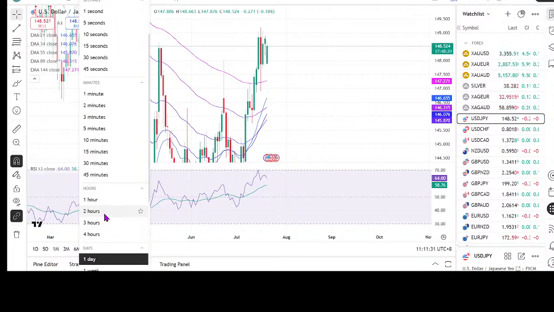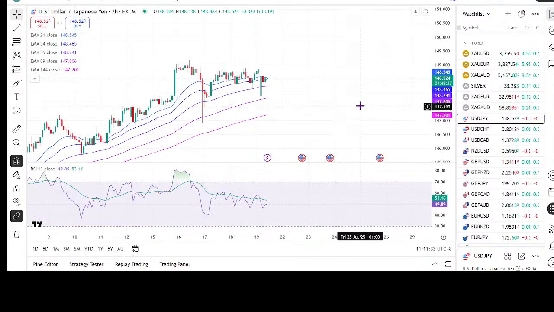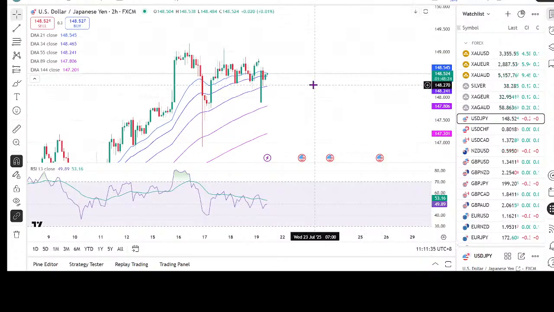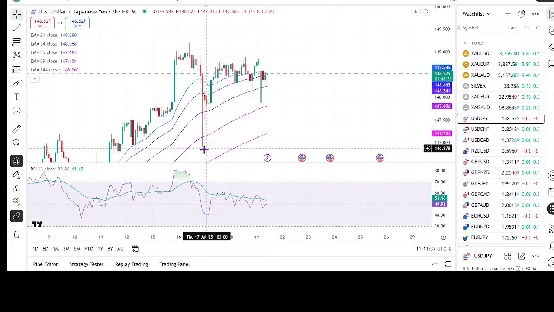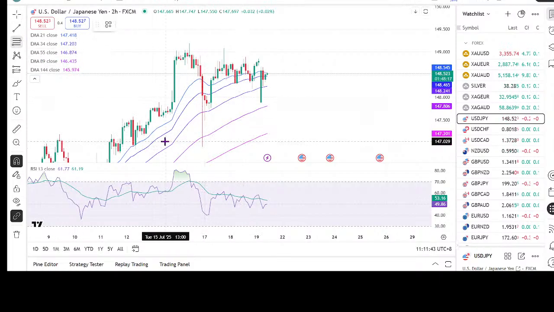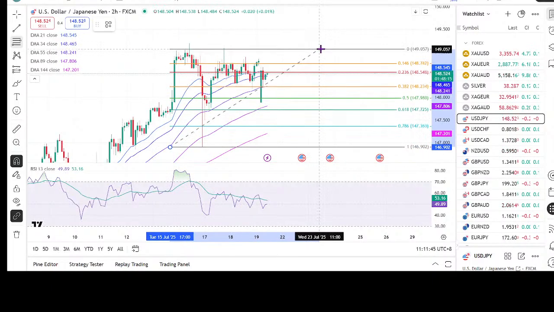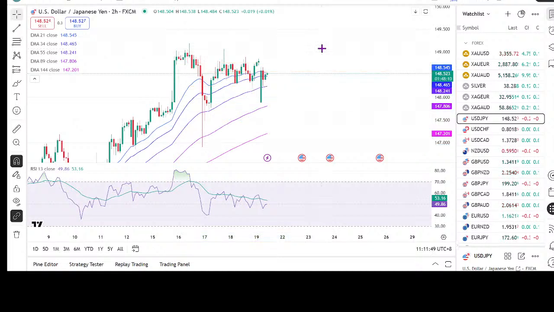This is not a guarantee that this is going to be the low. So if that's the case, let me check. As of now, we will take this as the low for the day.